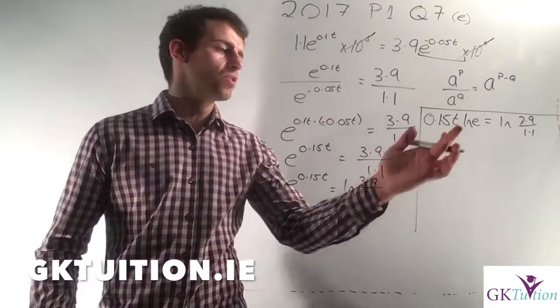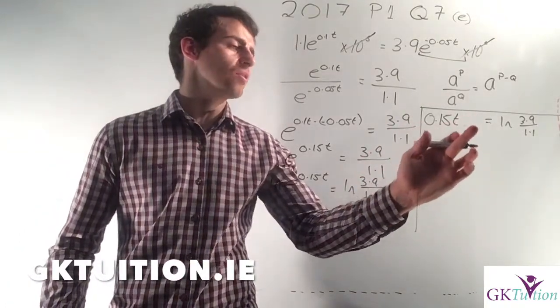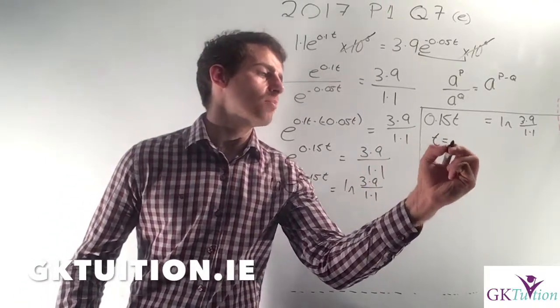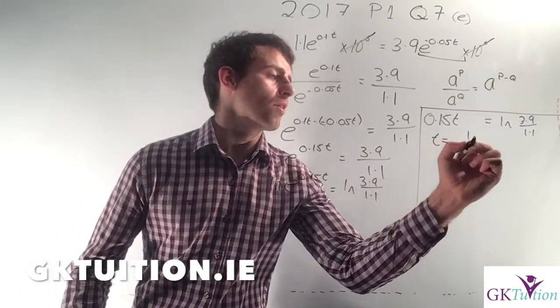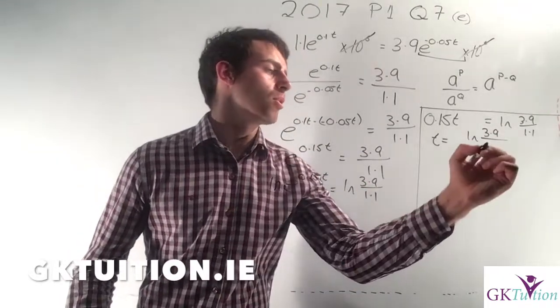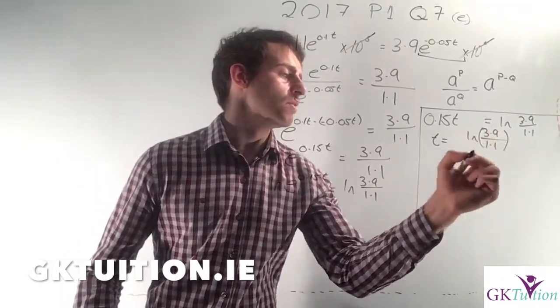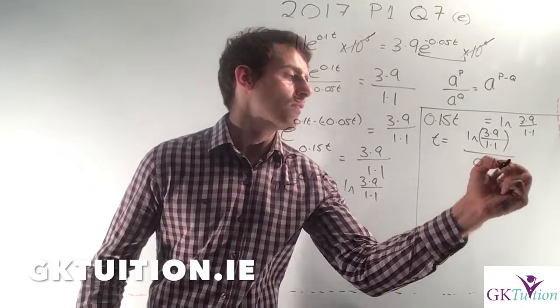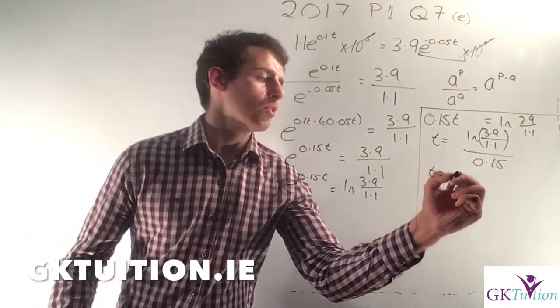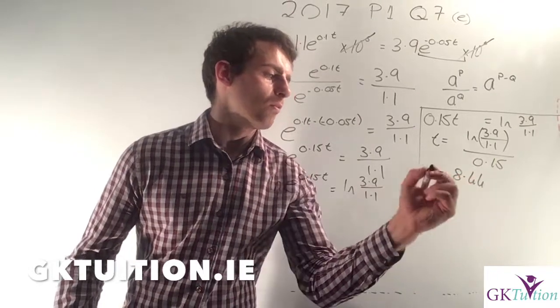Now ln e is just 1, so I can actually ignore it for the moment. And if I'm trying to find t, I just want to divide both sides by 0.15. So I get my right-hand side becomes ln 3.9 over 1.1 divided by 0.15. And if you plug all of that into your calculator, you end up with t is equal to 8.44.